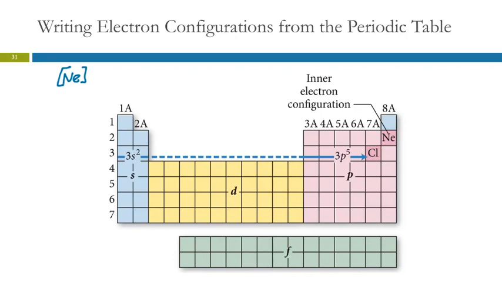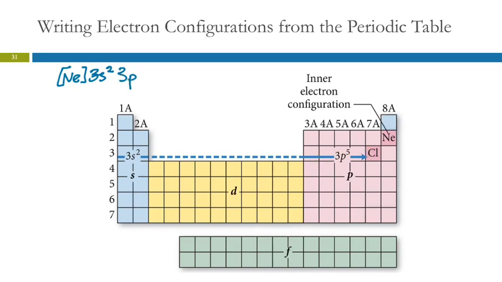So by putting neon symbol in brackets, that's standing for the electron configuration of neon. And then we just have to do what comes after it. So then here, we've got 3s2. And there's no D block here, and so we'll go to 3p, and we're going 1, 2, 3, 4, 5.